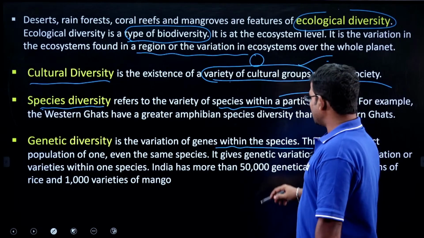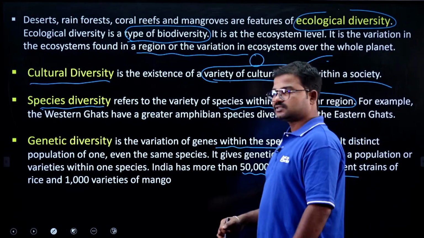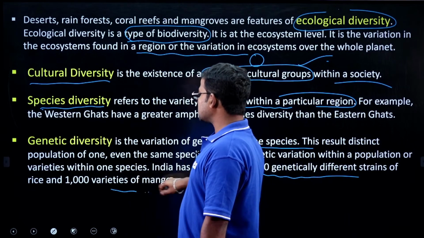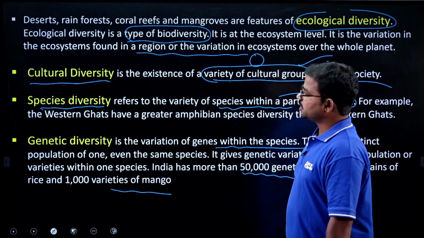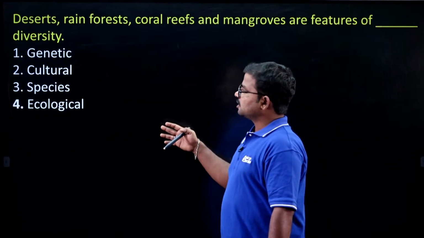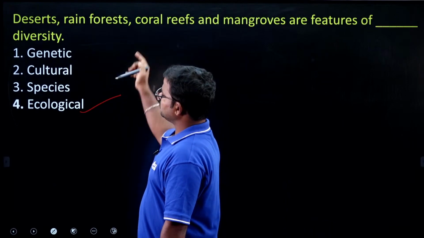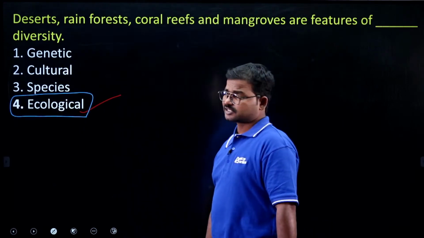Almost 50,000 genetically different strains of rice we have, especially in India, and 1,000 variants of mangoes are also there in India. So this is considered genetic diversity. These are the concepts about the remaining options. Here, this one is completely related to ecological diversity.